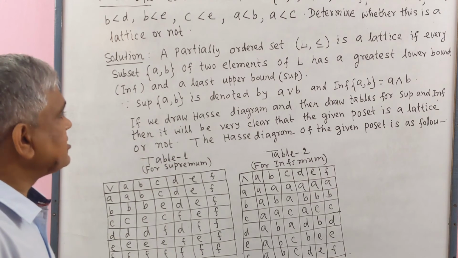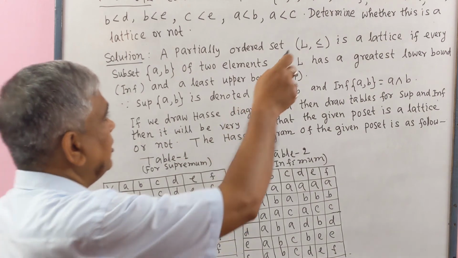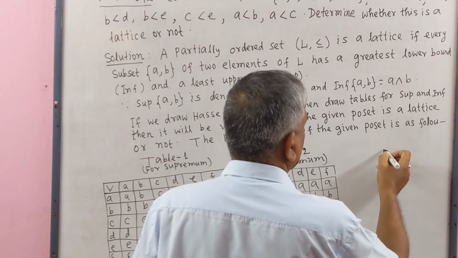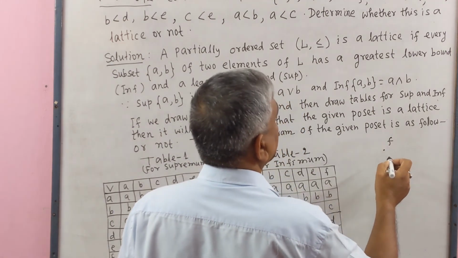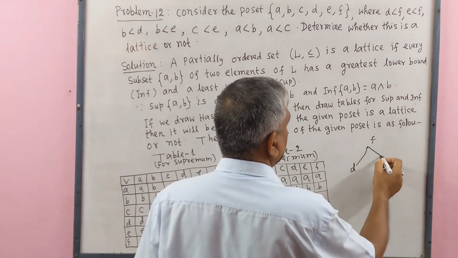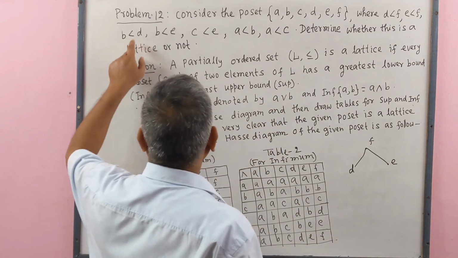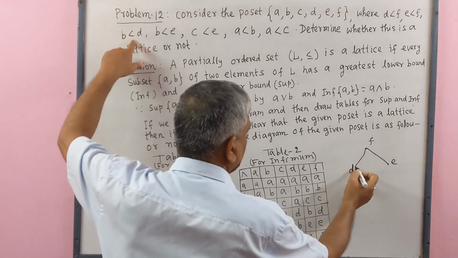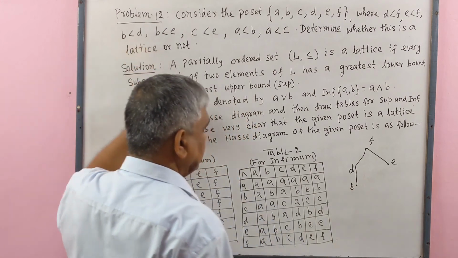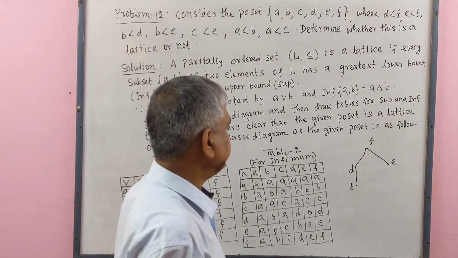Now first we draw the Hasse diagram. Given that D less than F and E less than F, so here this will be F and this will be D. D less than F and E less than F. This will be E. Then B less than D. We write lesser below and greater above.